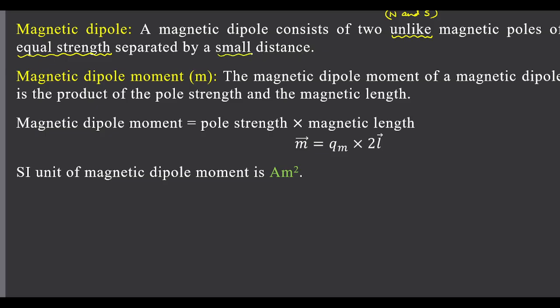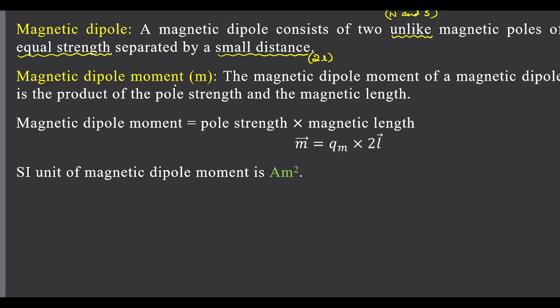So a magnetic dipole consists of two unlike poles, north pole and south pole, of equal strength separated by a small distance.